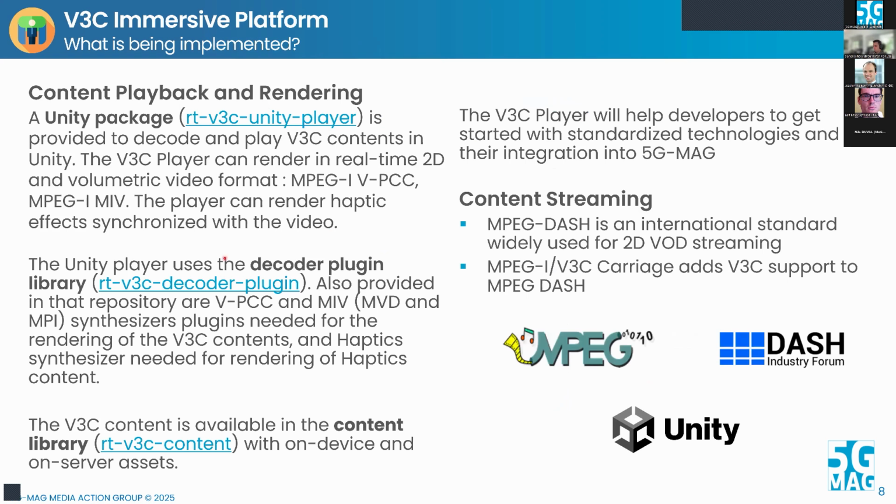In 5G Mac we have a repository for the Unity player, which has the Unity project, and then the decoder plugin, which has the C++ code, and there are currently some binaries. OpenGL is also used, but that's not directly visible in the source code.